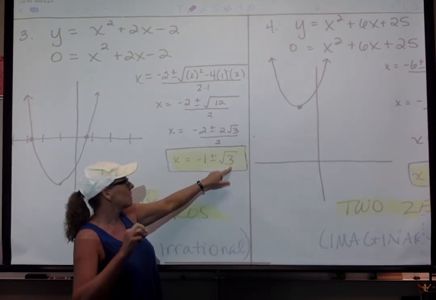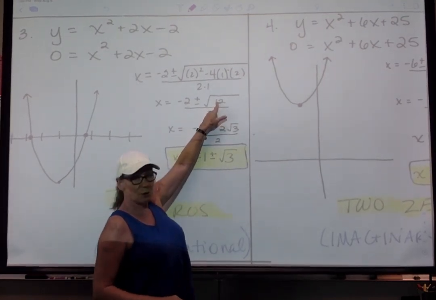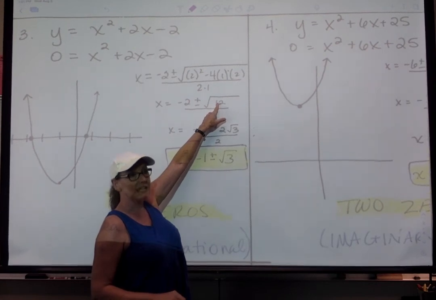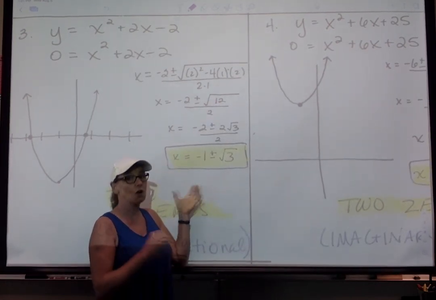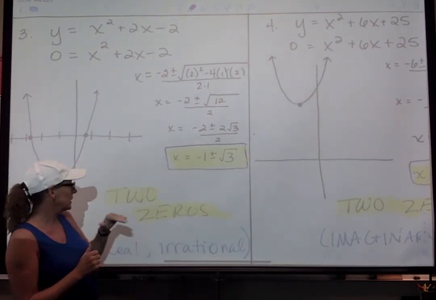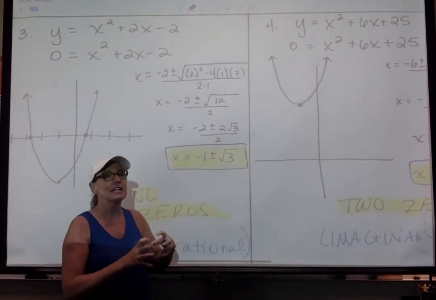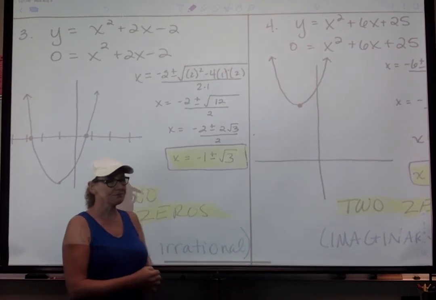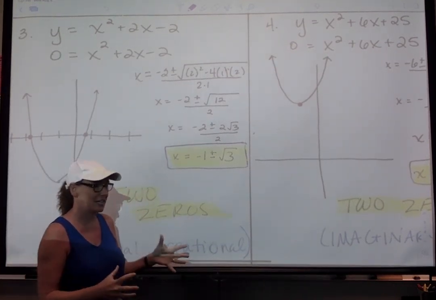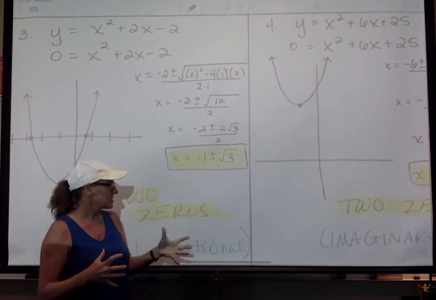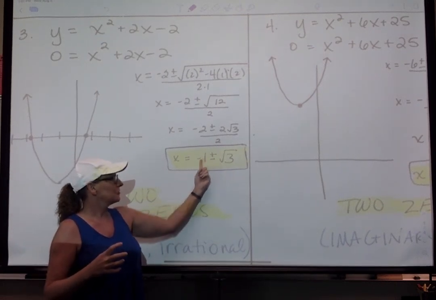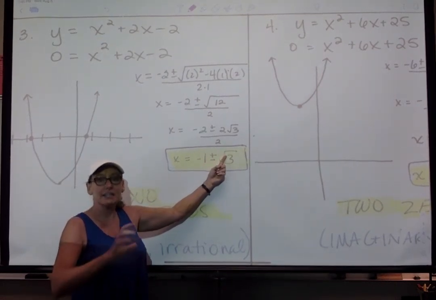And because I'm not square rooting a negative, I can say that my solutions are real. They're real. But because they have a radical, they are irrational. There's no imaginary yet, but they're irrational. And if you tried to do this on your calculator, you would get a yucky decimal.